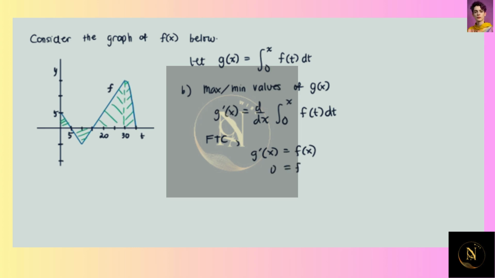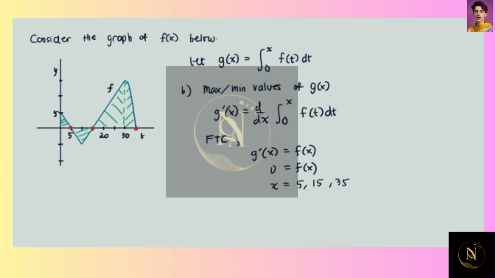We have 0 equals f of x, and these are the values of x where the y value is 0, and that will be x equal to 5, 15, and then the other one is 35.